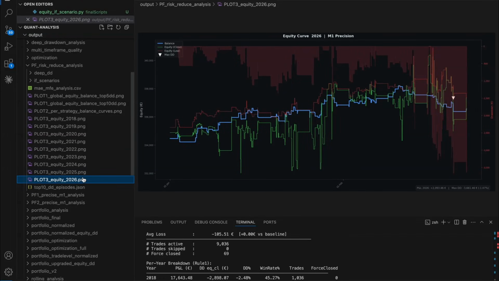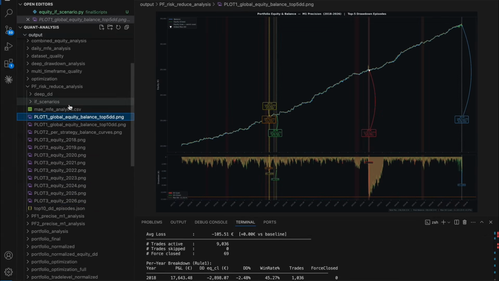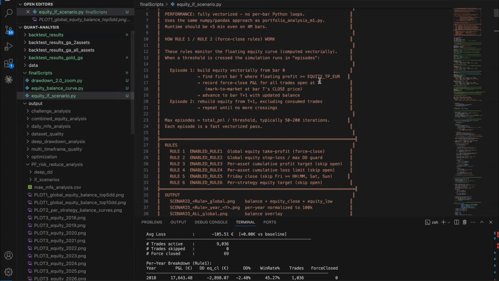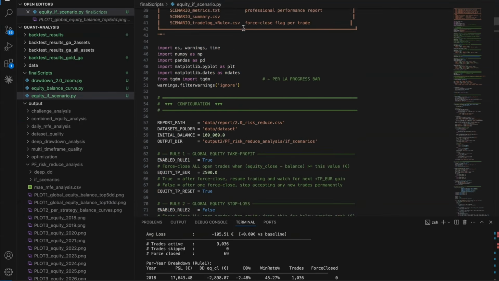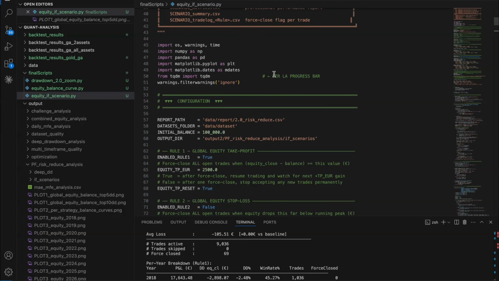So basically, after this type of analysis, I decided to think and build something else, and this type of analysis came out. It's called equity if scenario. It's like a basic scenario analysis without any type of machine learning.